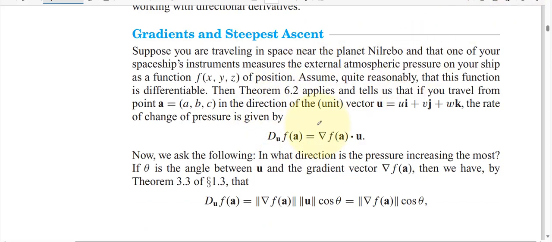Now, I'm not going to go through all of the details here, but they arrive at this statement here, which says that the directional derivative based on a particular u, so in a particular direction u, remember we're located at a point A, we're standing somewhere in other words, and we call that place A. So the directional derivative, they give this formula, and this is where that result comes from.